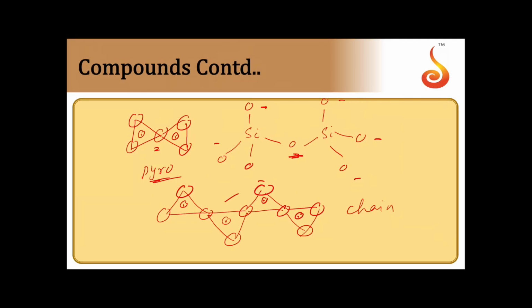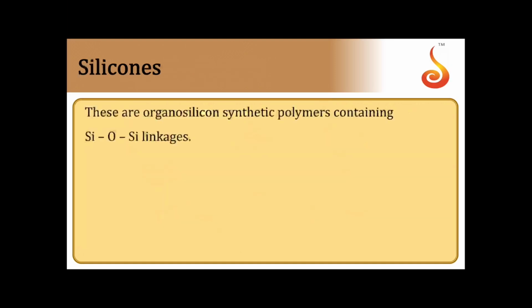It can even be a cyclic silicate. Depending upon the number of oxygen atoms shared per silicate unit, different types of silicates can be obtained. Like one being shared, pyro; two being shared, it can be a chain or even ring silicates, and so on.